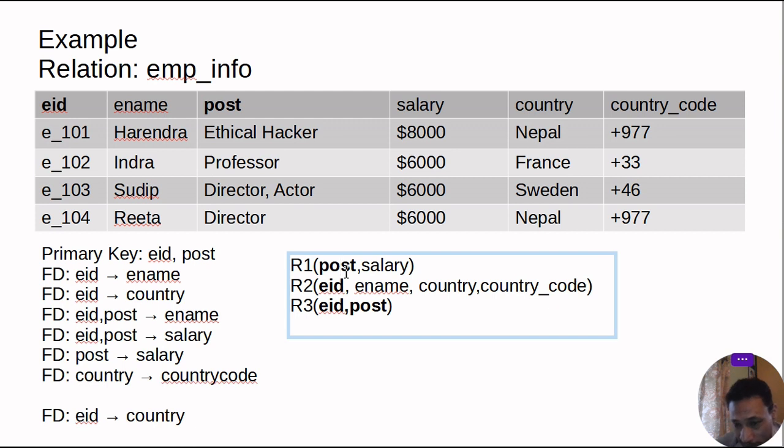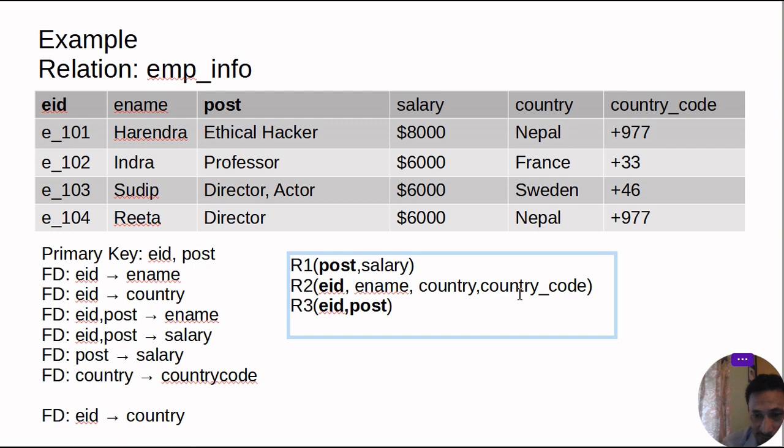So these 3 tables are in 2NF, but I have already said we cannot insert information about the country. Suppose a new country came, America, and the country code is something, okay, 200. We cannot insert information of that country because we do not have an employee. To insert the country code and country information, we need an employee, because employee ID is compulsory. Employee ID is the primary key.